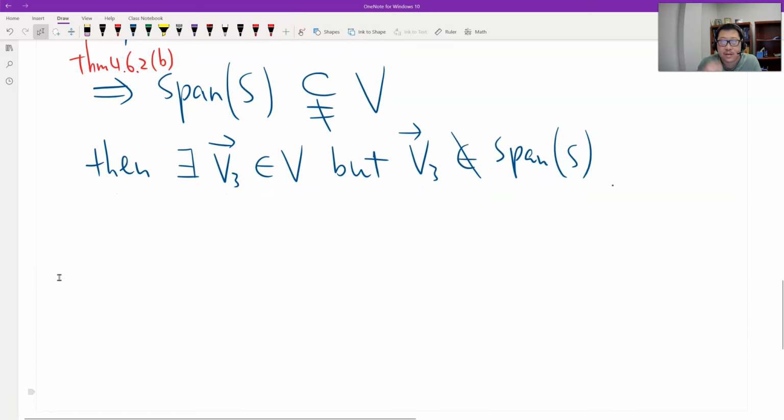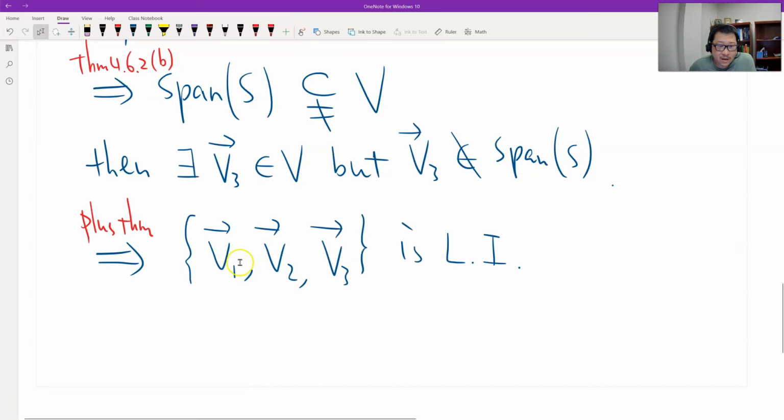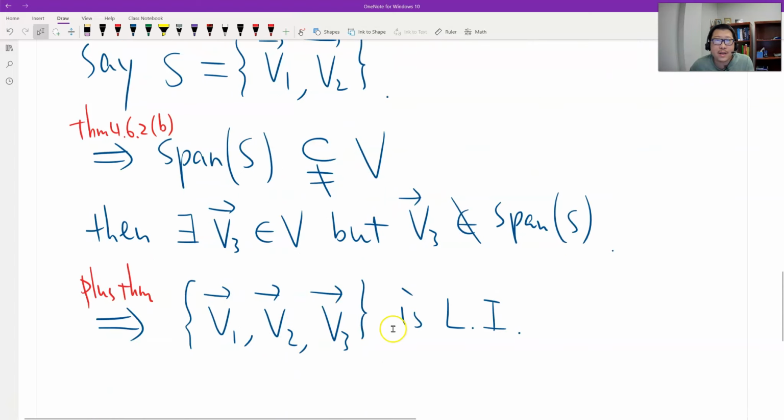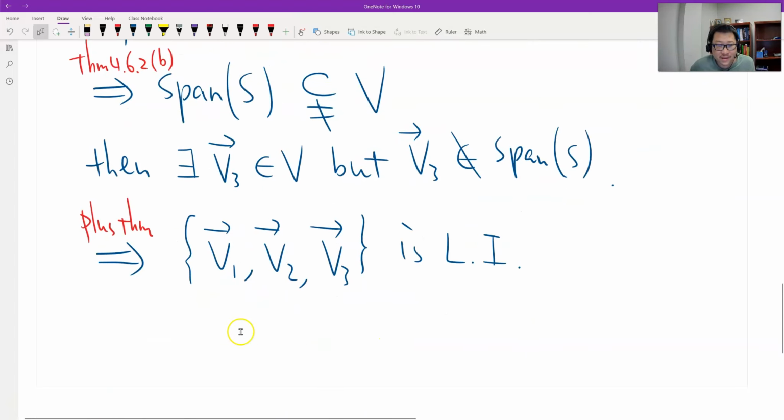Since it does not belong to the span, by the plus theorem we can add this as V3. By inserting V3 into the original S, we get V1, V2, V3, which are linearly independent. Now we already get what we need: a basis.